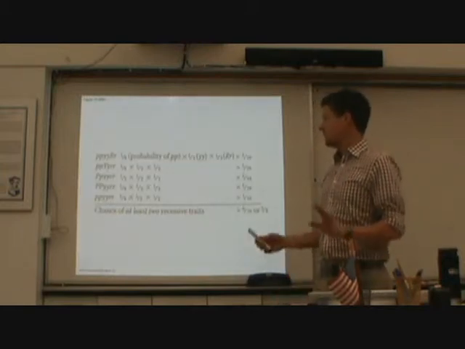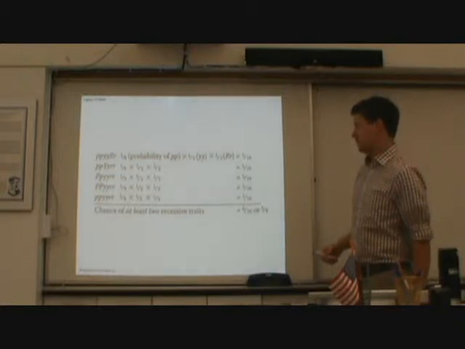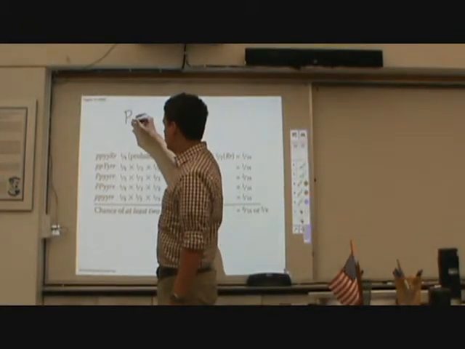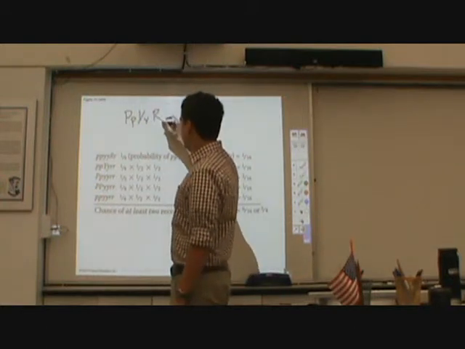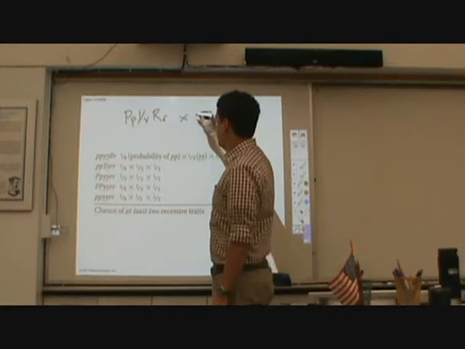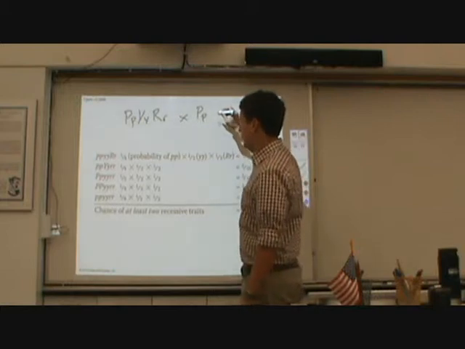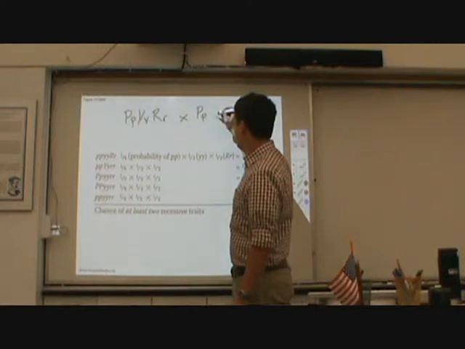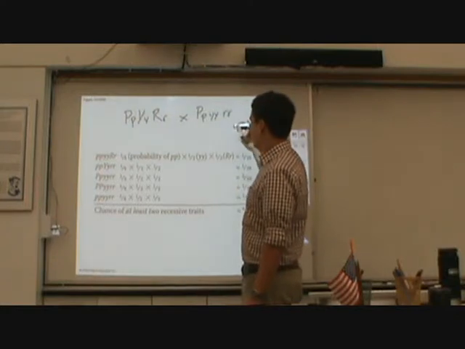Okay, so this is a more complicated one. This is if you were to cross a completely heterozygous individual, PP, YY, RR, by a individual that is heterozygous for one trait and homozygous recessive for the others.